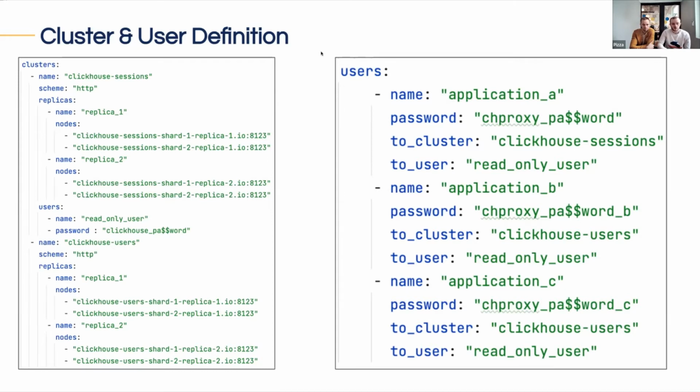Finally, we also add a user section where we define 3 users: application A, B, and C. Each user has a password, which helps them authenticate to Chproxy. Once authenticated, the user will be mapped to a ClickHouse cluster and to a specific ClickHouse user. For instance, here application A will target the ClickHouse session cluster and will use the read-only user to connect to ClickHouse when authenticated.